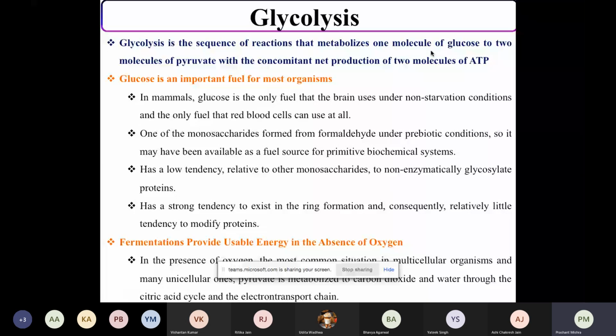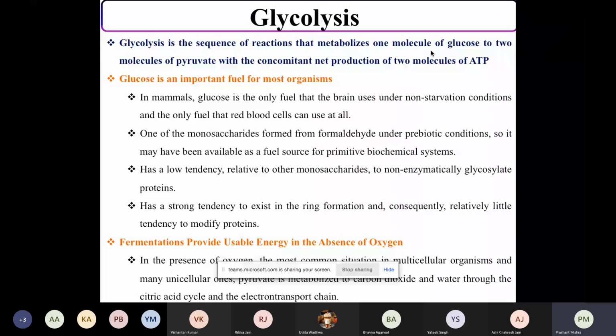So actually, the amount of energy produced in glycolysis is not very large, but these are very quick steps. And you will learn that there are many times when the cell will compromise the amount of energy production for the speed of energy production. This part I will elaborate when we talk about the next few steps in glycolysis.